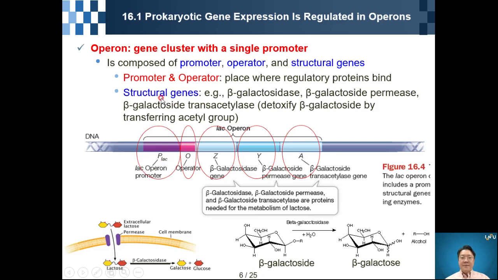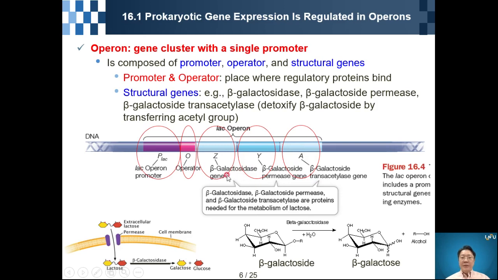And what is a structural gene? For example, in this lac operon, the structural genes are beta-galactosidase and galactoside permease. Finally, there is galactoside transacetylase.